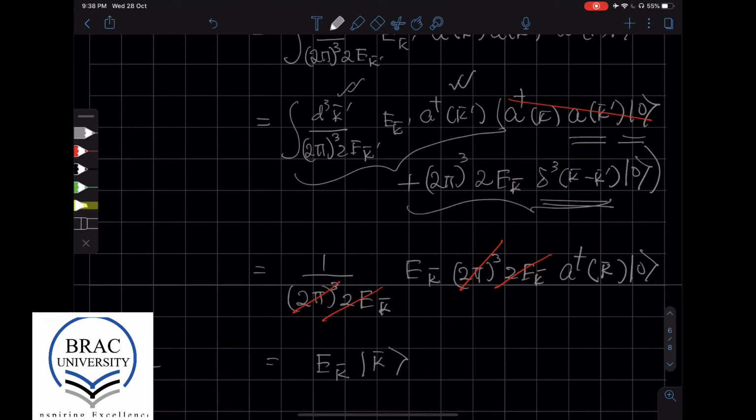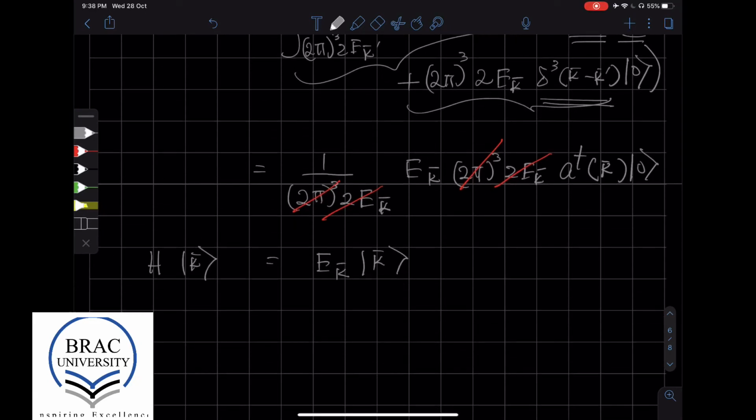The left-hand side was H acting on |k>, and the right-hand side is E_k acting on |k>. So yes, the state that we created is an eigenstate of H with energy eigenvalue E_k. And let me remind you what E_k is: E_k is the square root of the 3-momentum k squared plus m squared.